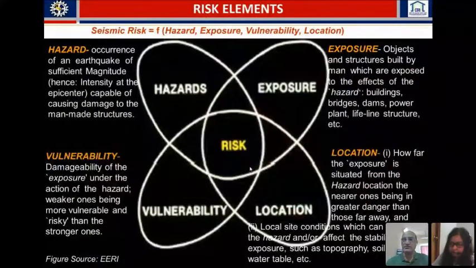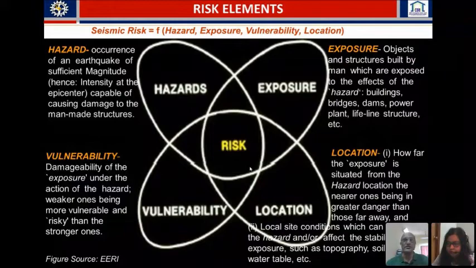So if we talk about the performance objective, we want the immediate occupancy performance objective for hospitals or any lifeline buildings, but we cannot compromise for any other buildings, as life safety is my performance parameter. Before going into detail, we need to understand what the seismic risk elements involved are.